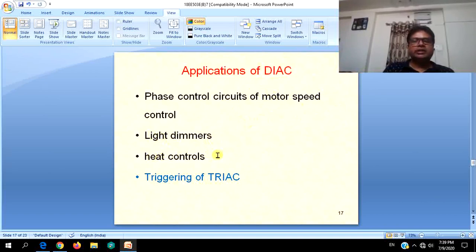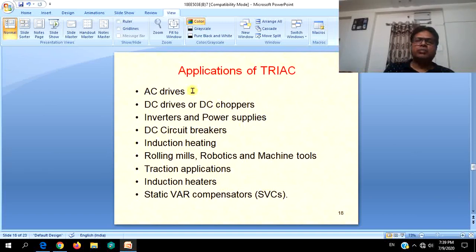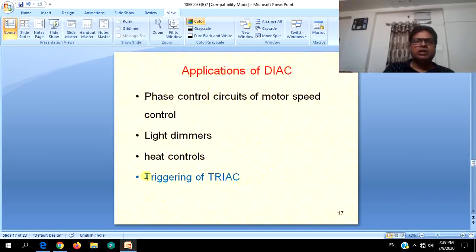Light dimmers, heat controls, in all these things, diode will be used as a phase control sort of device only. And most importantly, which we have discussed, diode and triode are used in tandem in most of the circuits, where diode is used as a triggering device for triode.